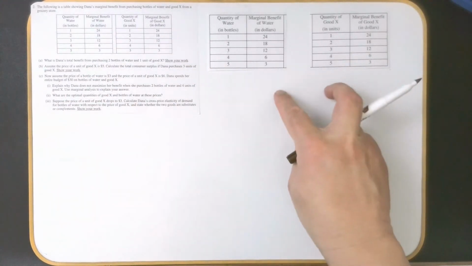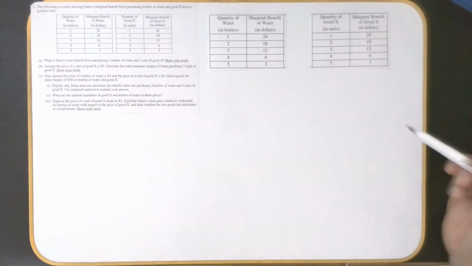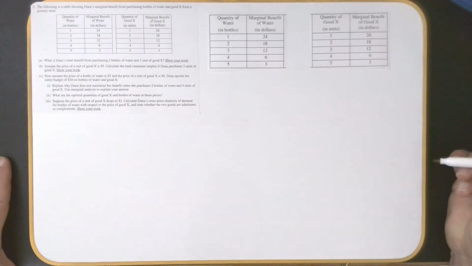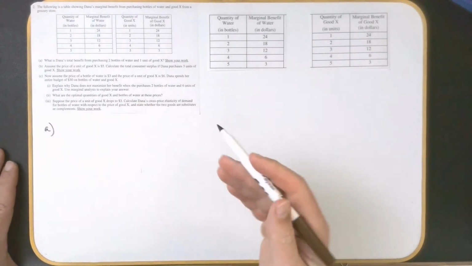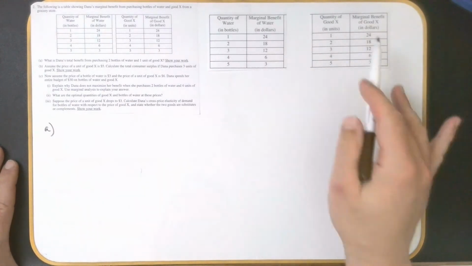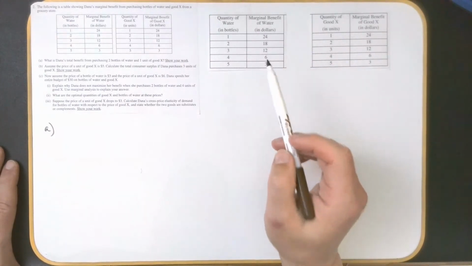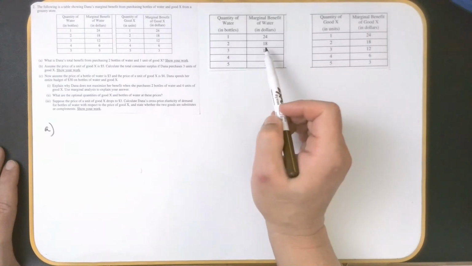So these 2 tables right here, I have enlarged so it's a little easier to see and play with them. The question says, what is Dana's total benefit from purchasing 2 bottles of water and 1 unit of good X? Okay, so 2 bottles of water. This goes to what I was just saying about how to read these. What you don't want to do is say, oh, 2 bottles of water, 2 times 18.